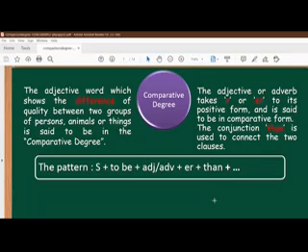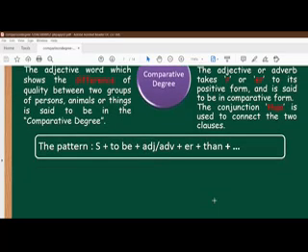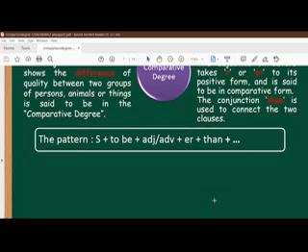Here the pattern is: subject, then be verb, then adjective, then "er", then whatever is left. So, a horse can run faster than a dog. Here we have added "er" with fast. Faster is comparative.